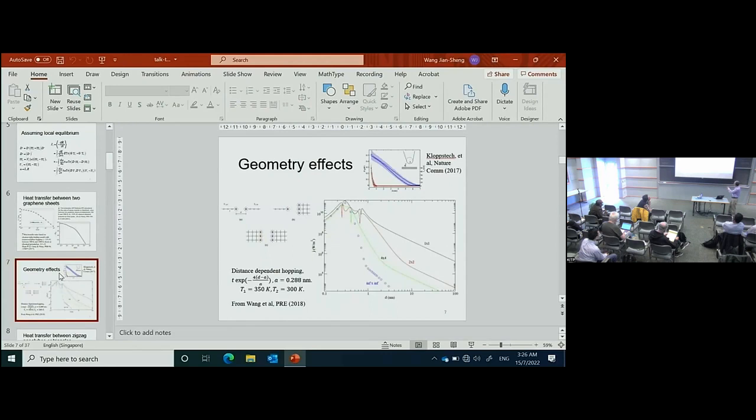But suddenly the curve swoops up very drastically, and that's because we have put in hopping between the left and right, according to this exponential form of hopping. So basically, you allow tunneling. Tunneling produces a huge contribution to the current. But we don't have a phonon, so our model has no phonon at all. Yeah, thank you.